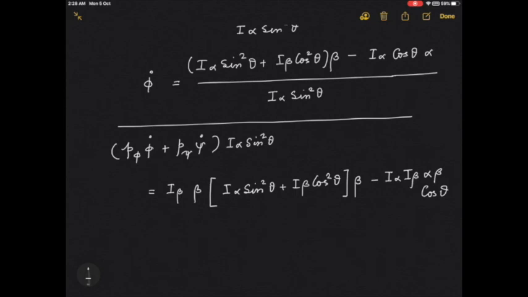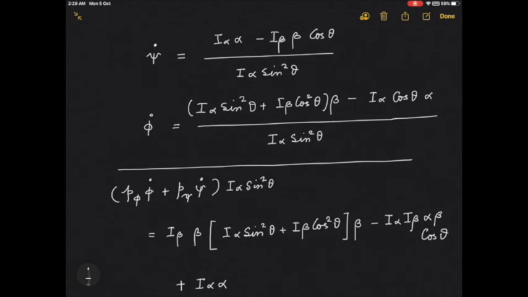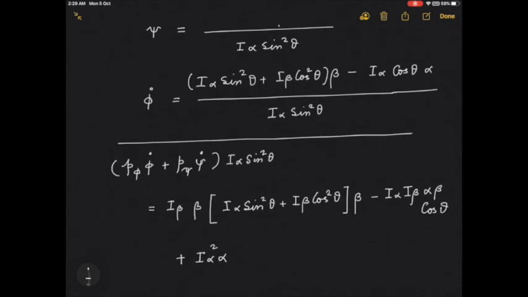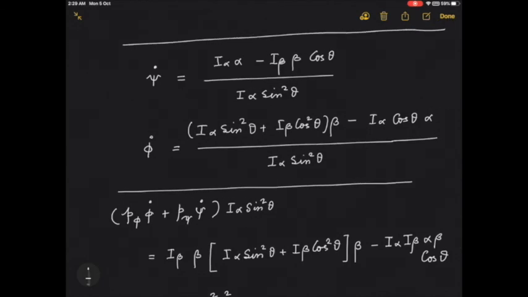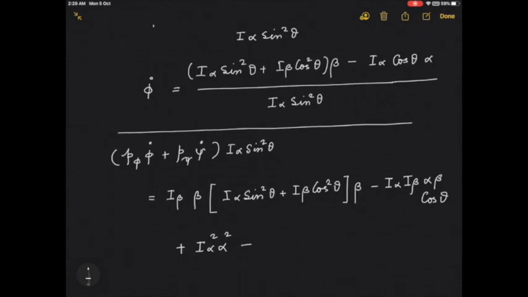Okay, so this is the first term. The second term is P psi is I alpha times alpha, and here I have I alpha alpha, so I get I alpha alpha square minus I alpha alpha times I beta beta, so that gives me I alpha I beta alpha beta cos theta, which is exactly this term. These two terms are same.